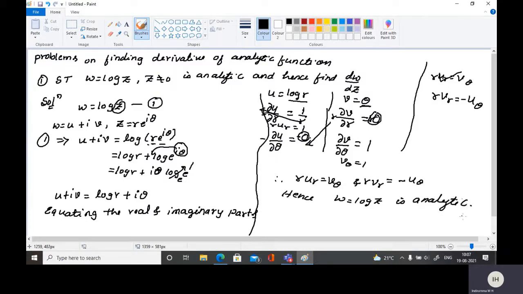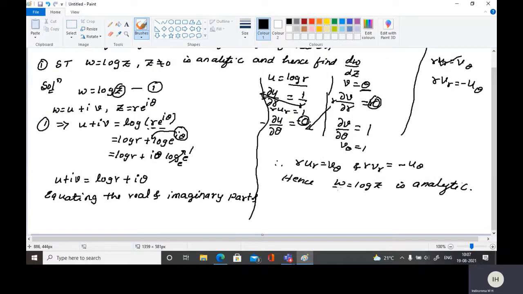What we have to find next? We have to find dw by dz. w is nothing but f of z. While proving the CR equations, we have the equation that f dash of z in the polar form is e power minus i theta into dou u by dou r plus i into dou v by dou r.